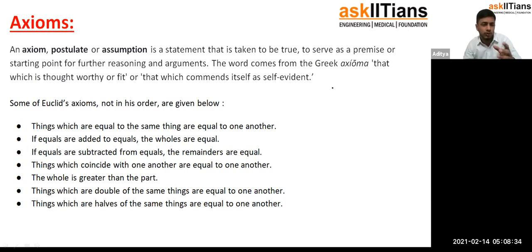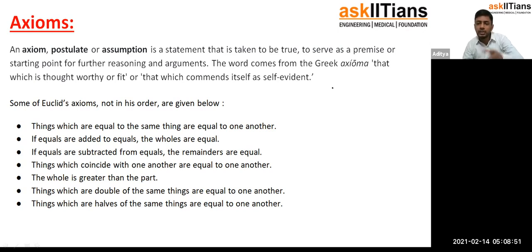So, formally speaking, it is a statement that is taken to be true. It is assumed to be true, which means that we cannot prove it to be true, okay? And it serves as a premise or starting point for further reasoning and arguments.